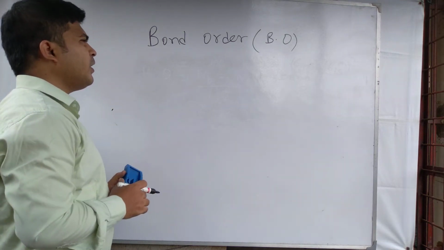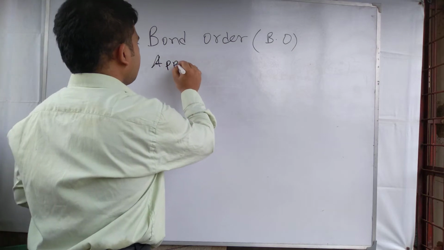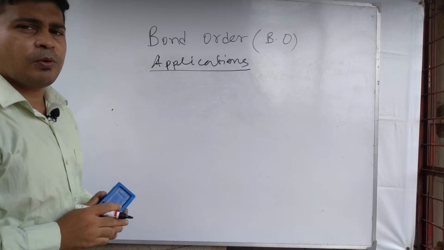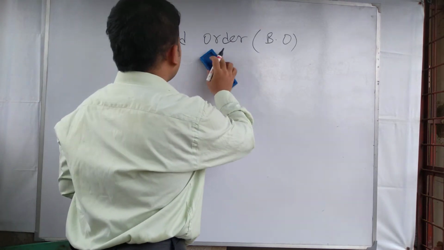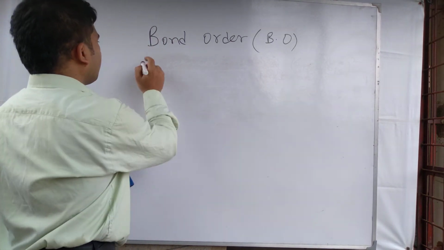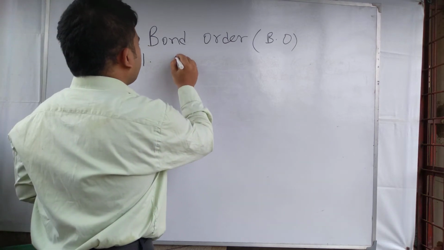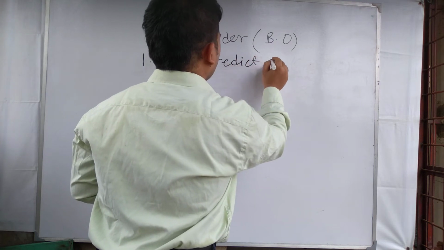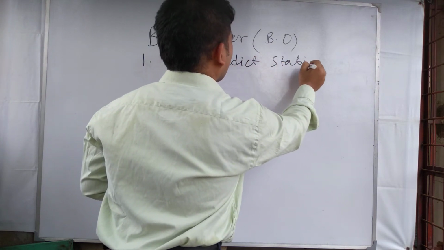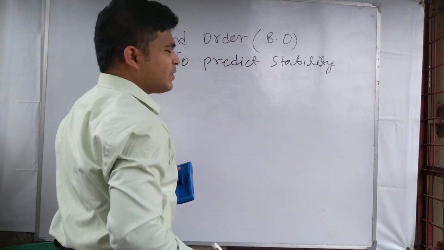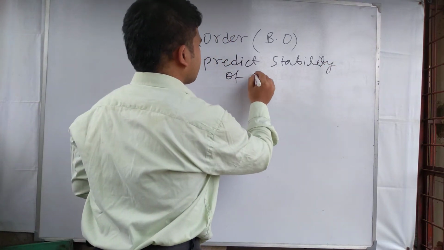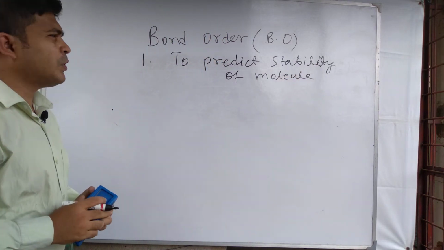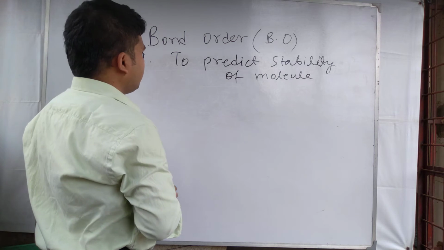Next important point is the applications. What are the applications of bond order? First, bond order is applied to predict the stability of a molecule.